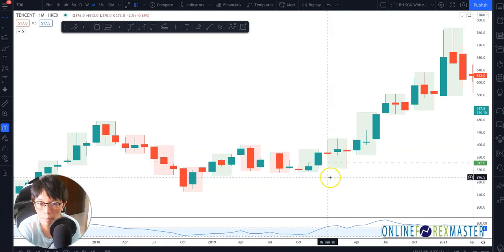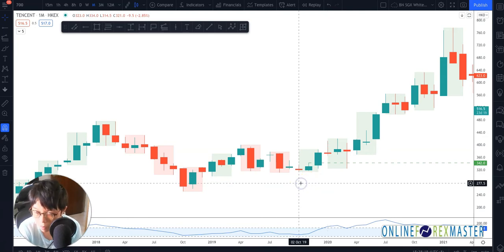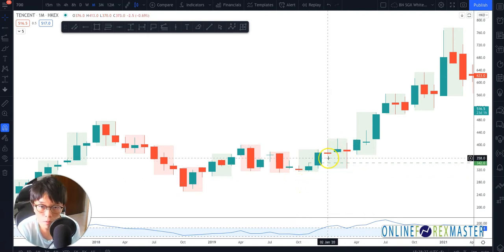It must be market specific or sector specific. For example, if generally the Hong Kong market, the HSI, the Hang Seng Index, is correcting, but this is a component stock and it did not correct much, then you know that the strength is a lot. That's one of the things we want to look out for.